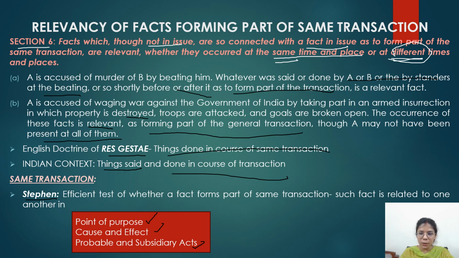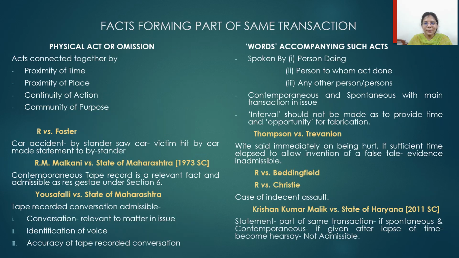This was the test which was given by Stephen, that if any fact is related to another fact in issue in any of these three modes, it would be considered as part of the same transaction.